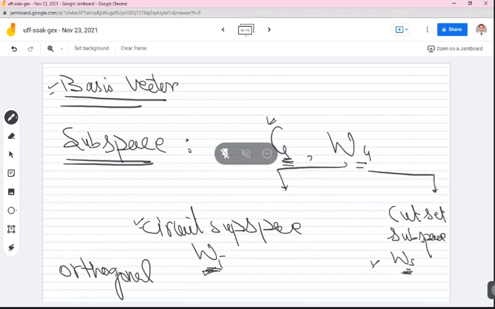Okay, you can calculate. You know about this condition: how can you calculate whether two vectors are orthogonal or not orthogonal? Also, you can find the intersection and join of two subspaces. Okay, basically these are the operations between two subspaces, and you know these operations very well because you already studied vector spaces in the previous class.